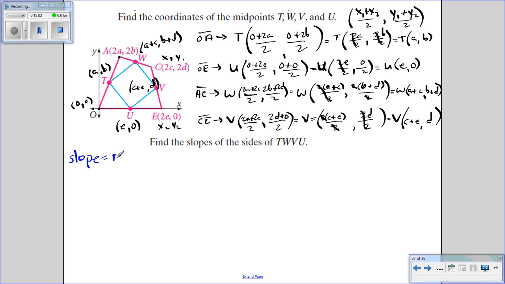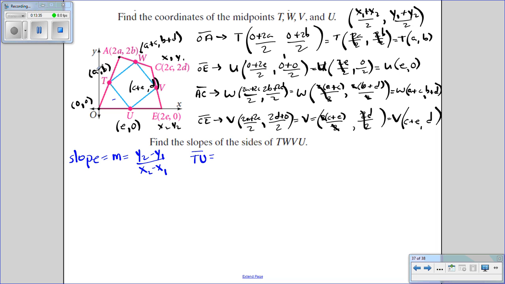Slope, which we call M, is y2 minus y1 over x2 minus x1. Okay, so we're going to break this down. Let's do the slope of TU. Okay, now looking at slope TU, I know this slope is going downhill, so I know that slope has a negative slope.